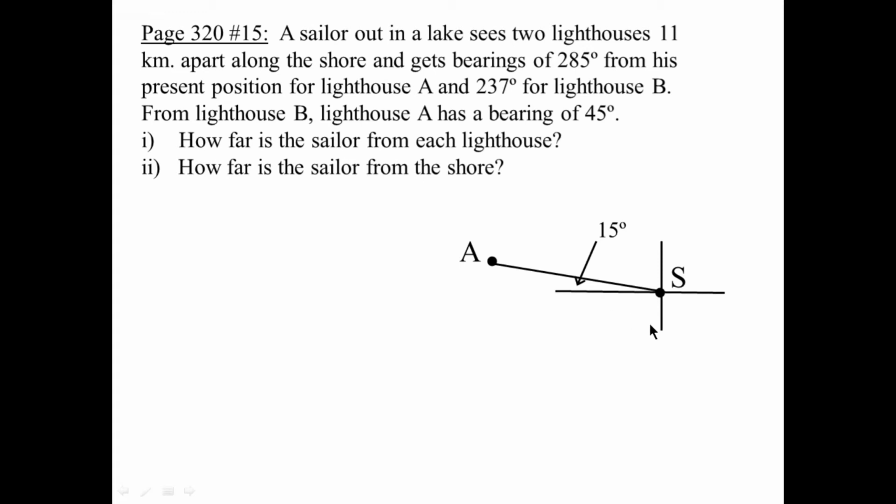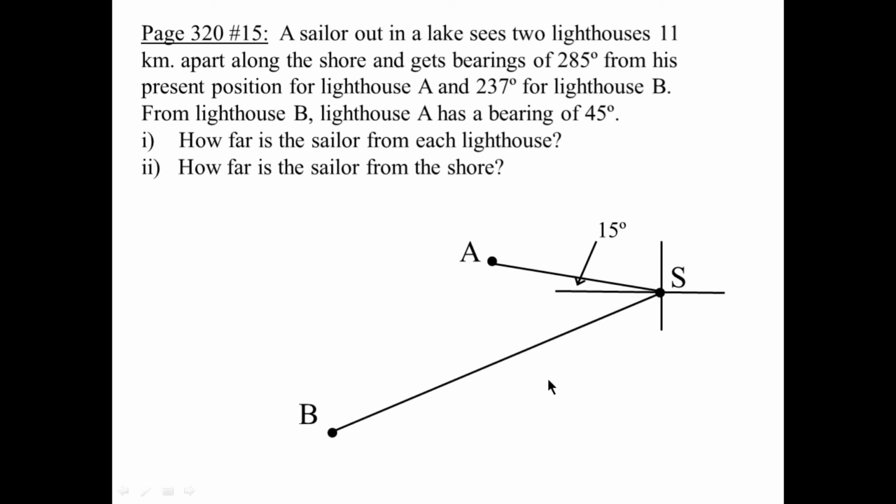So it's in here somewhere. So it's along this line somewhere is lighthouse B. The question is, where? Well, the hint is given here. From lighthouse B to get to A, you have to go on a bearing of 45. So to get to A, we would have to go up and to the right a bit. So B must be well down here.